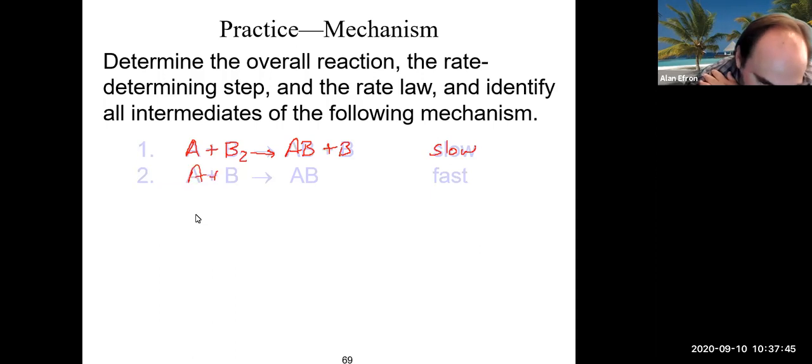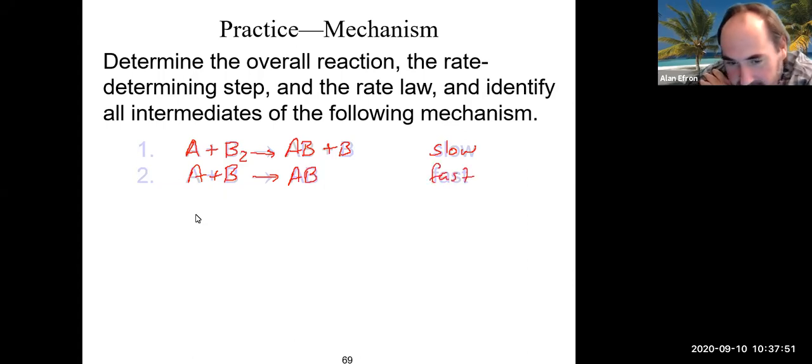And A plus B goes to AB, and this is fast. So give this another type of mechanism problem a go. Determine the overall reaction, the rate determining step, and what the rate law for this mechanism should be based on it. Take a couple of minutes, see what you come up with.